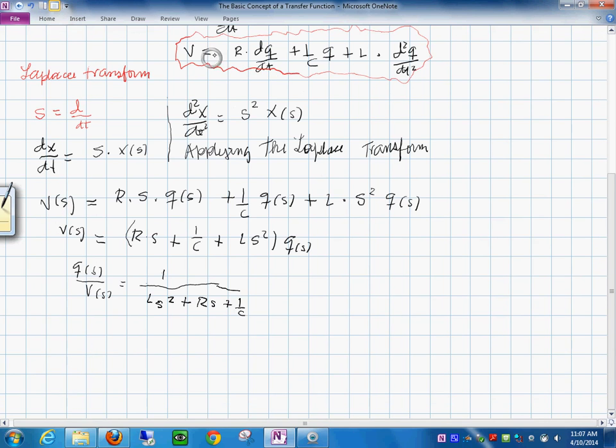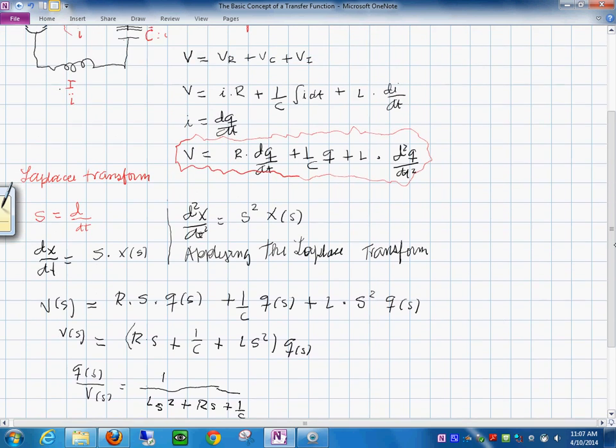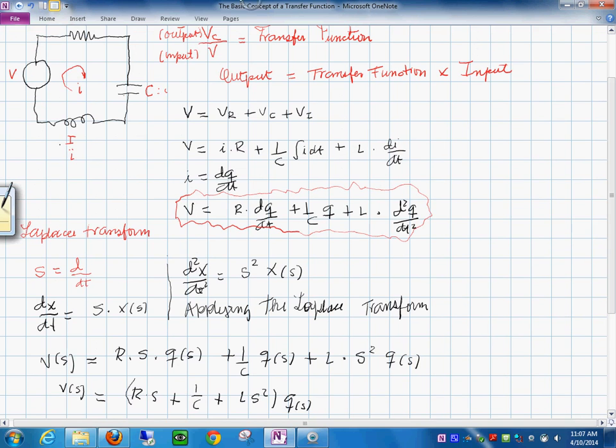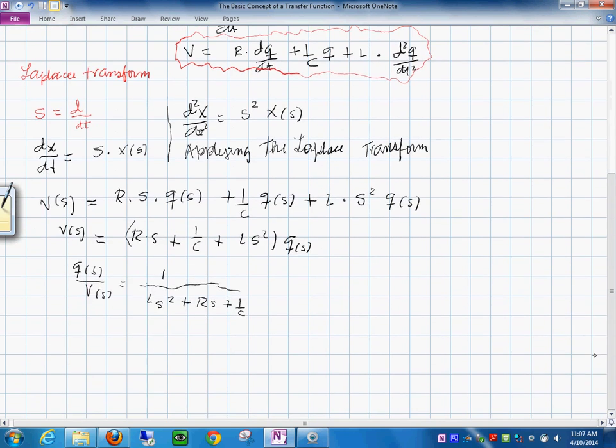But remember, my objective is the voltage. My objective is this relationship, V of C over V, the relationship of the voltage.